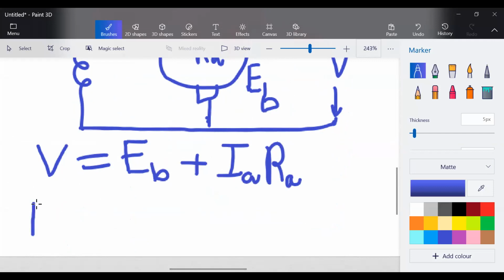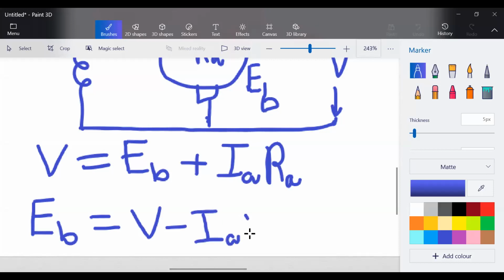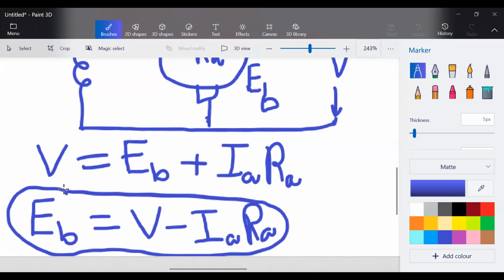From this, back EMF E_b equals V minus I_a R_a. So remember this equation: back EMF equals V minus I_a R_a.